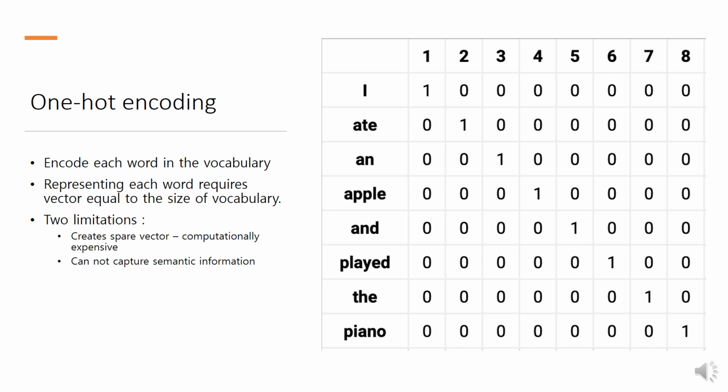So this becomes computationally too expensive. The next limitation is that it cannot capture semantic information. This means that it cannot represent the relationship between two words or two sentences. We will learn about this at later stages.